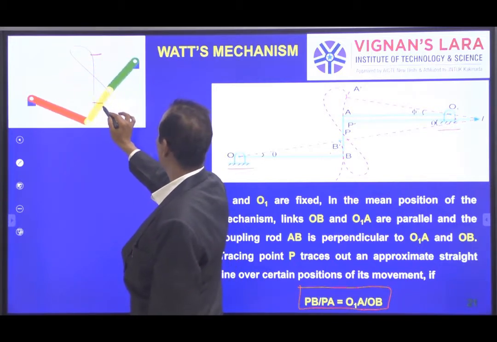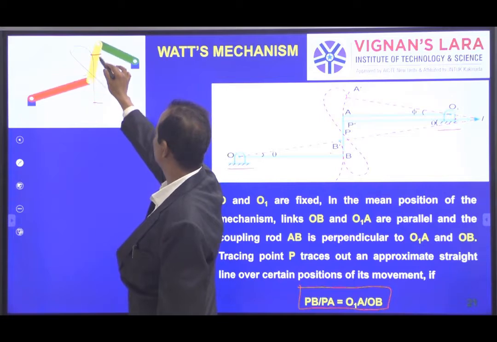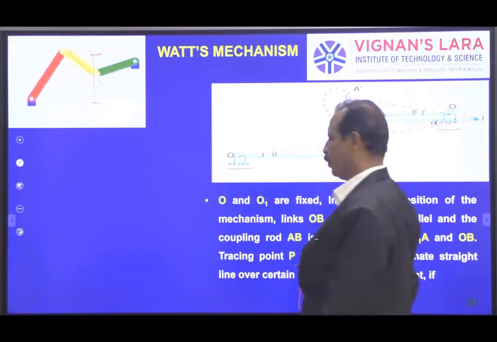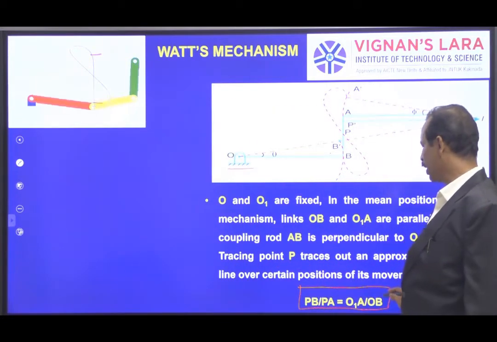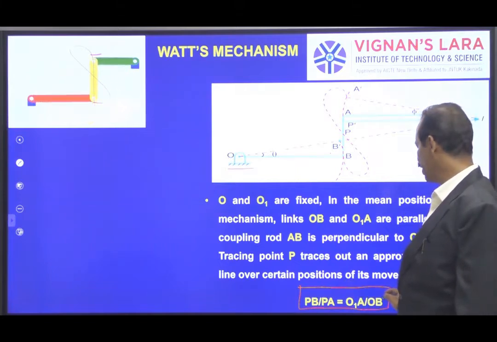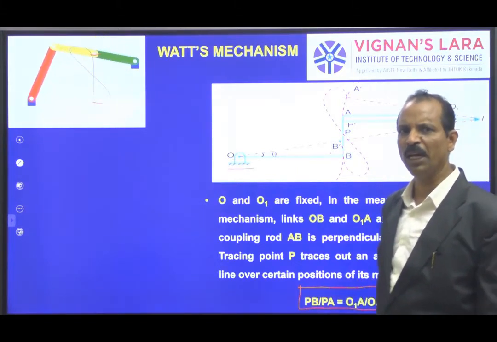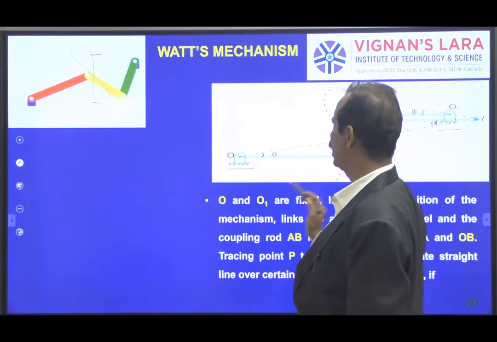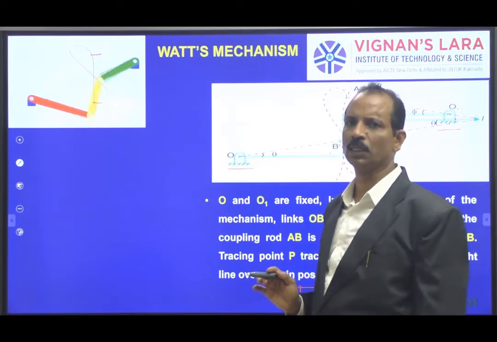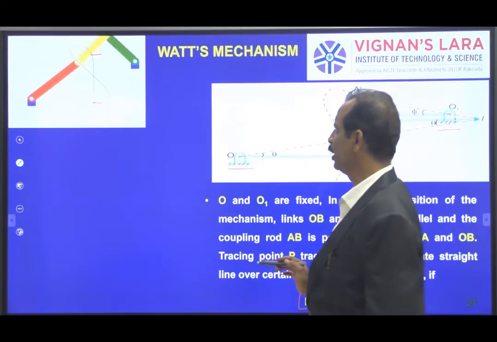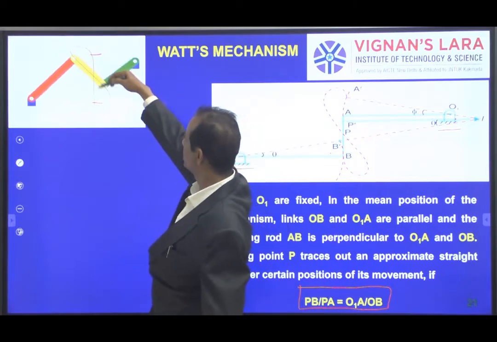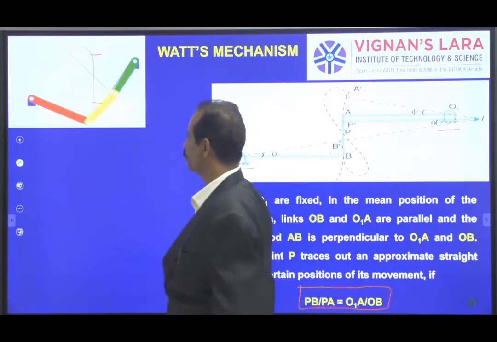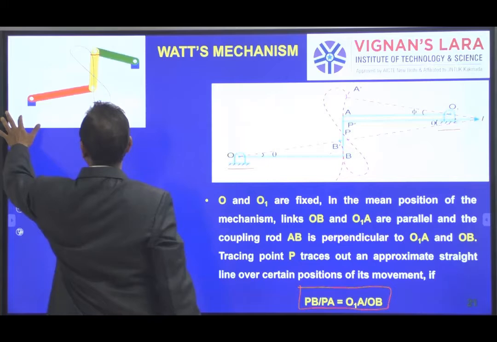The midpoint traces a vertical line. That is possible when you construct your mechanism with PB by PA equal to O1A by OB. This is another mechanism, Watt's mechanism, giving an approximate straight line.